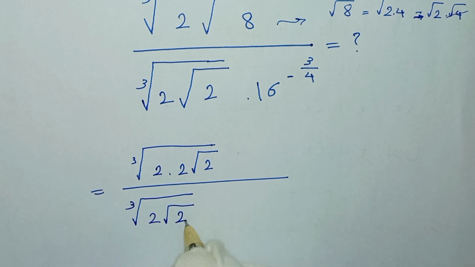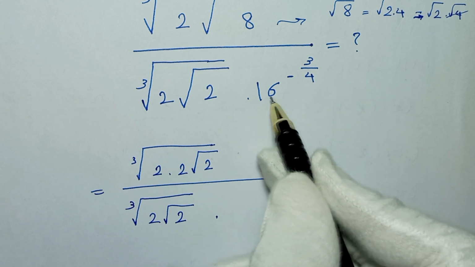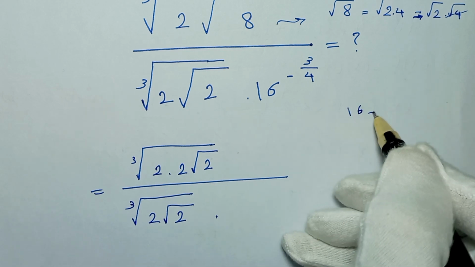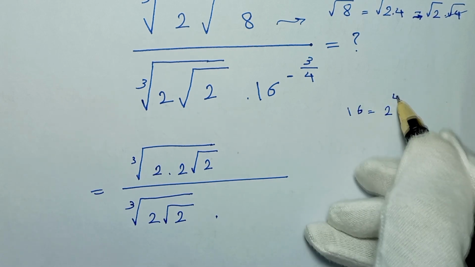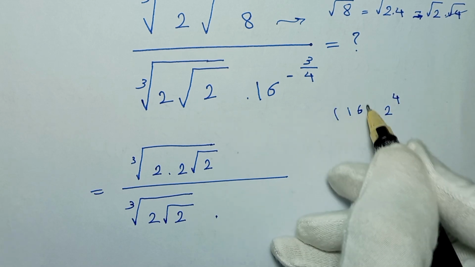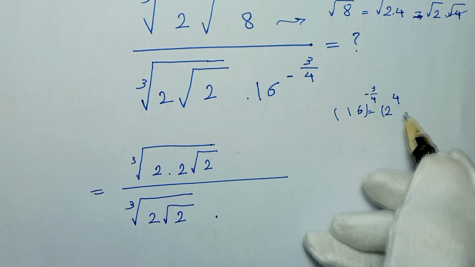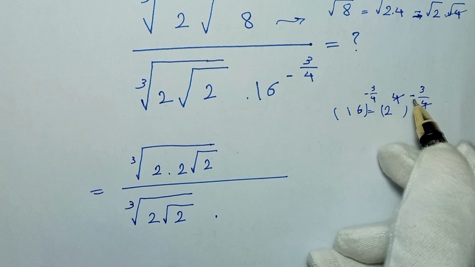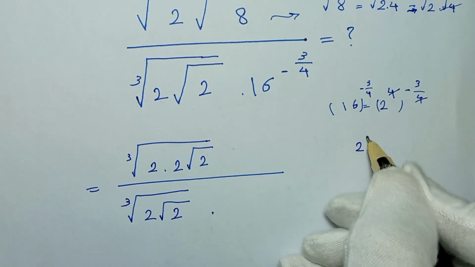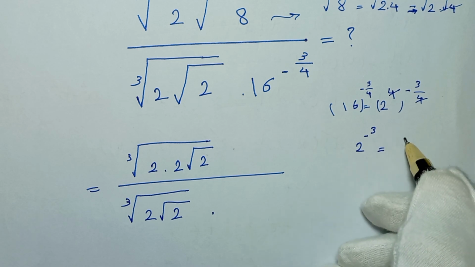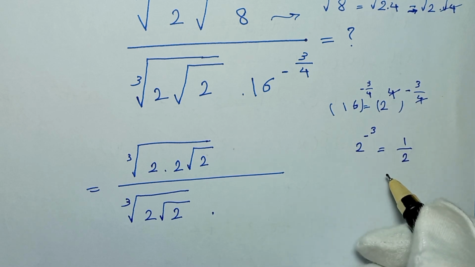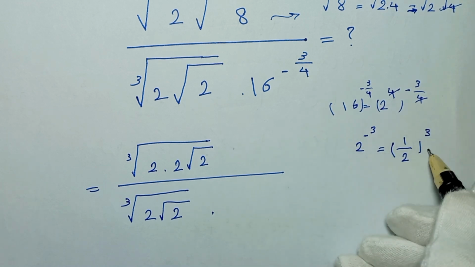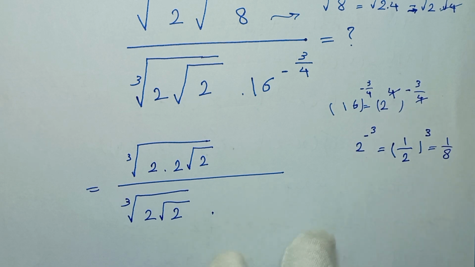2 times square root of 2 and times 16 to the power of negative 3 over 4. 16 is 2 to the power of 4, and to the power of negative 3 over 4, this 4 will cancel this 4, so it will be 2 to the power of minus 3, and 2 to the power of minus 3 is 1 over 2 to the power of 3, and this is equal to 1 over 8.